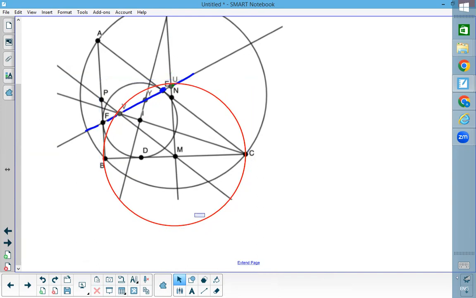We want to prove that BVUC is a cyclic quadrilateral. Why is that the case? The reason we know this is a cyclic quadrilateral is not by angle chasing, but rather we want to show that M is the center of the cyclic quadrilateral as well.